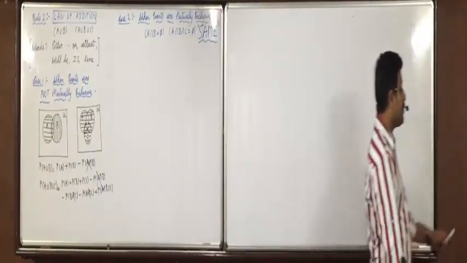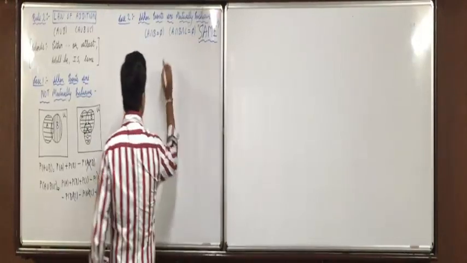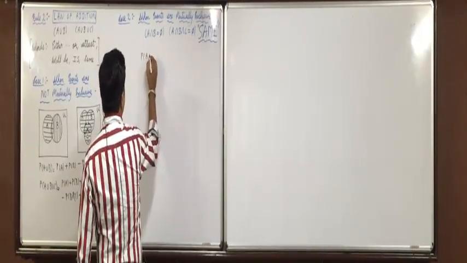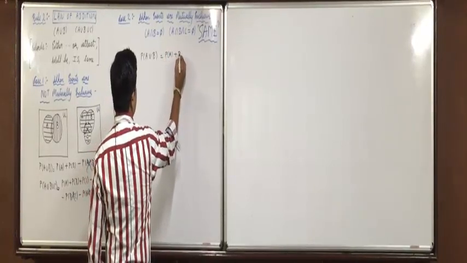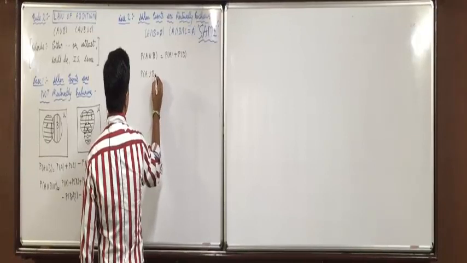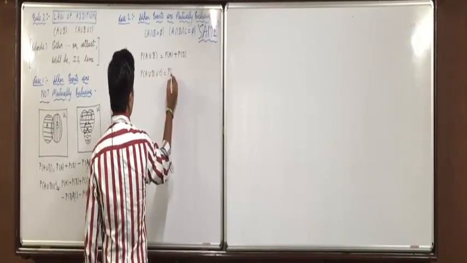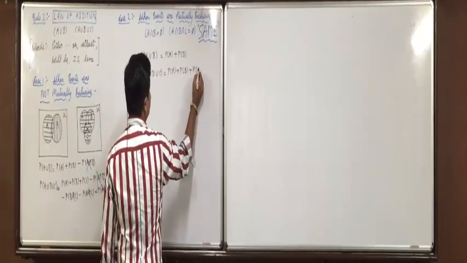Write it along with me. Do you understand this question, everyone? So PA union B is simply equal to PA plus PB, and PA union B union C is simply equal to PA plus PB plus PC.